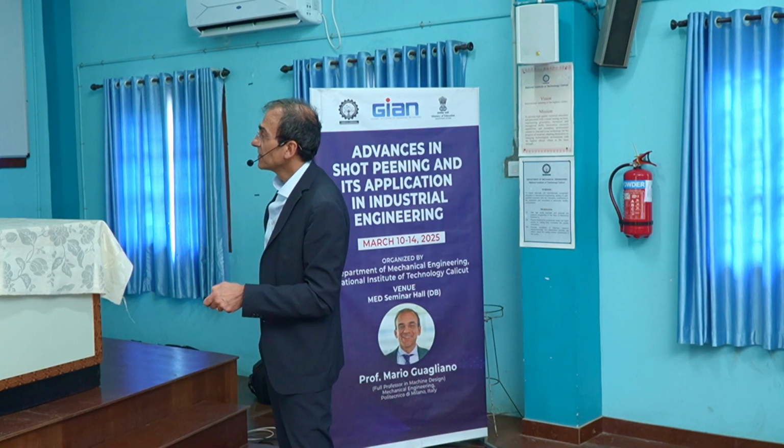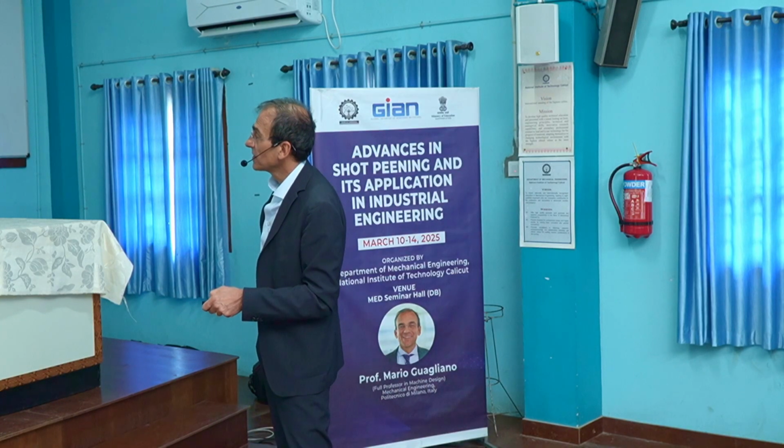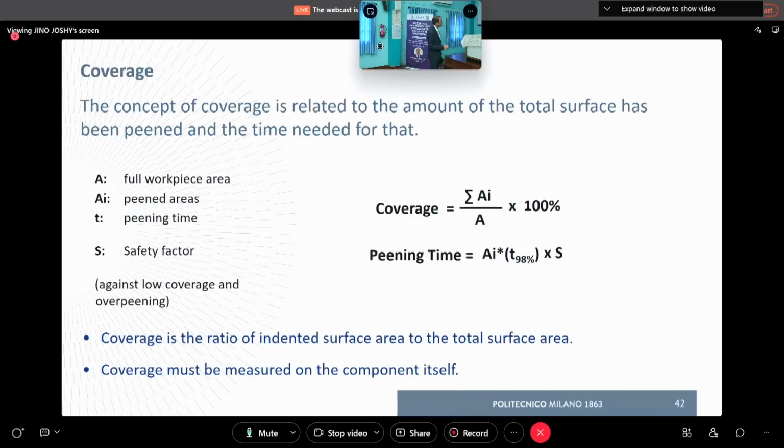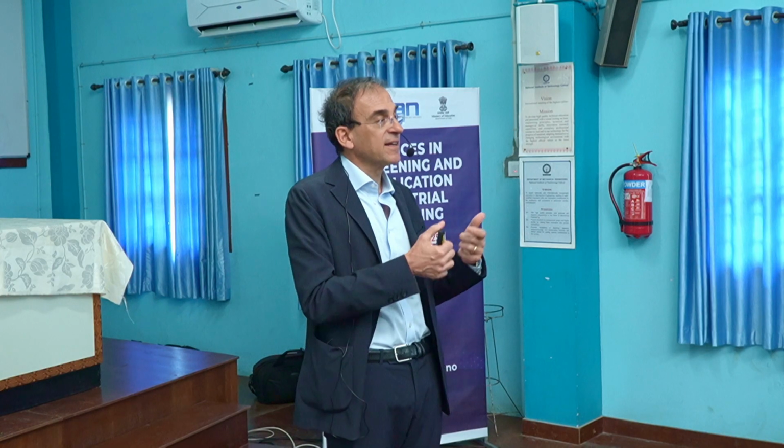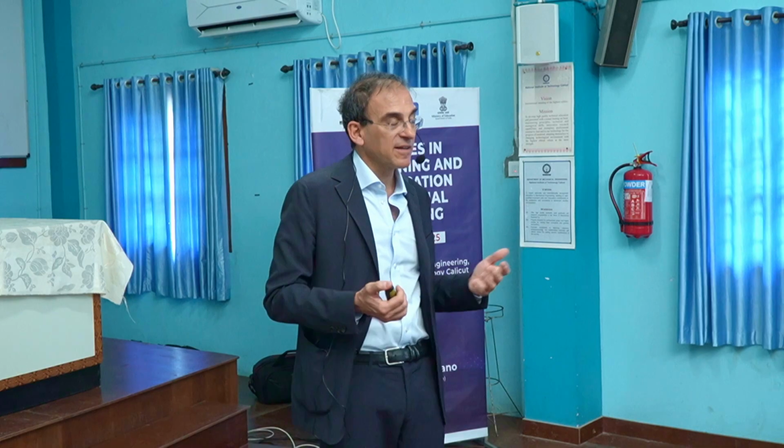Okay, and what can we further comment? Coverage is the ratio of the peened surface area with respect to the total surface, and this is understood. Coverage must be measured on the component itself. We don't need any other tool, and we don't need another part, something like an Almen strip, an external component.